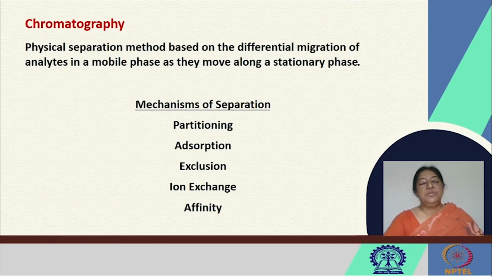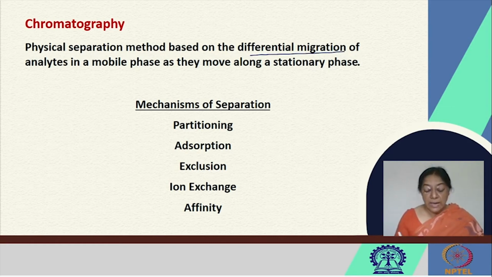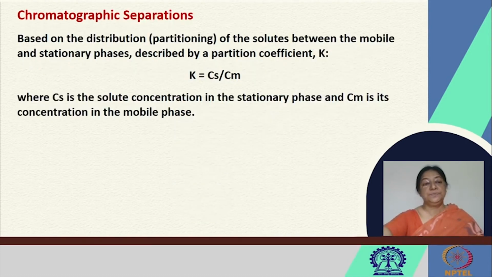In the physical separation methods of chromatography, we are looking at a differential migration of analytes in a mobile phase as they move along a stationary phase. The known mechanisms of separation are partitioning of the compounds, adsorption, exclusion, ion exchange, and affinity. The mechanism of separation looks at a specific property of the protein that we need to isolate.